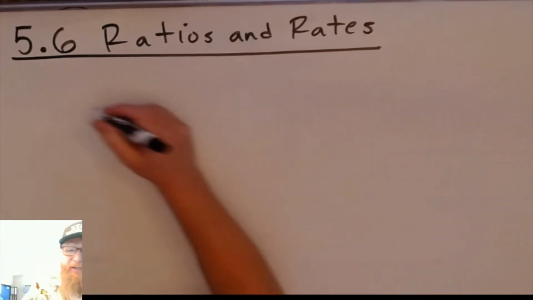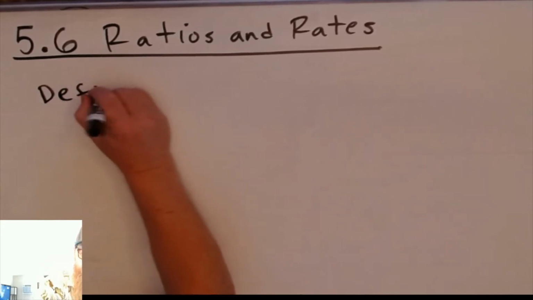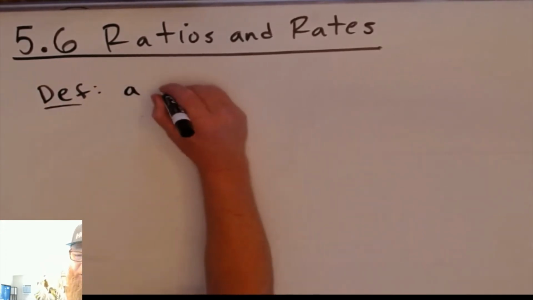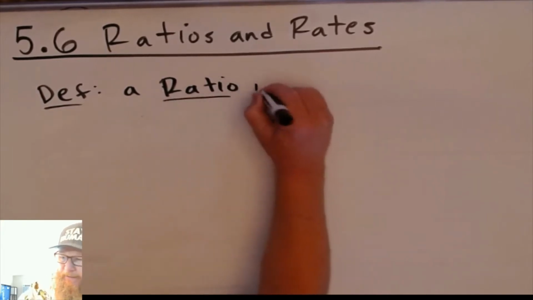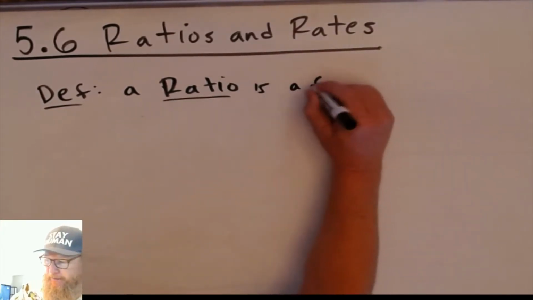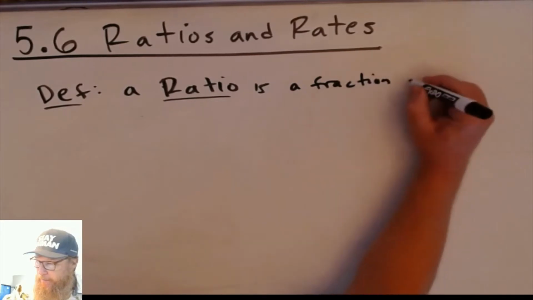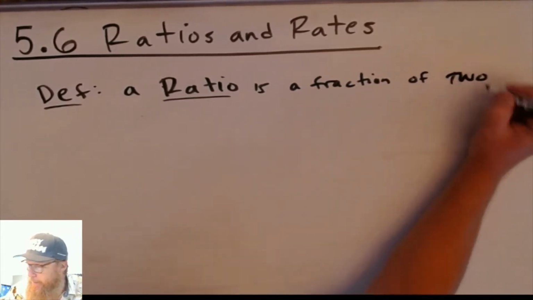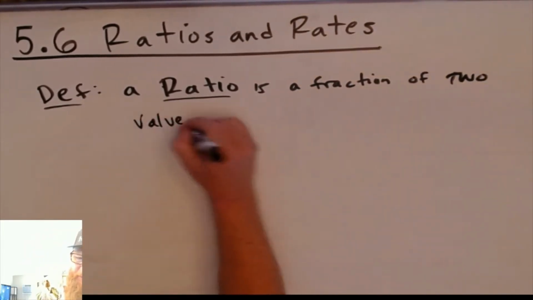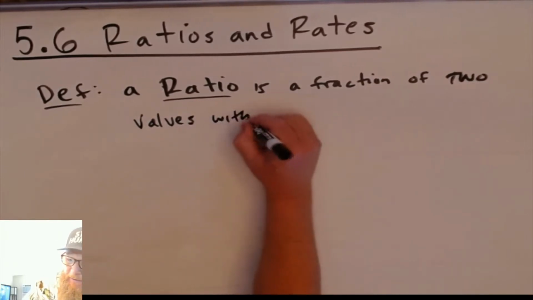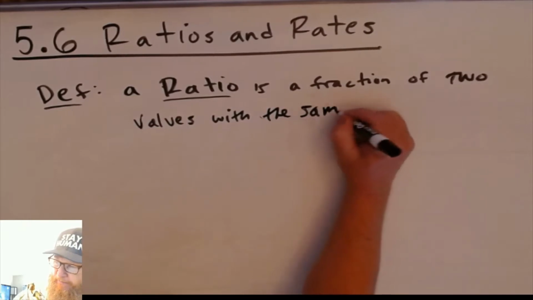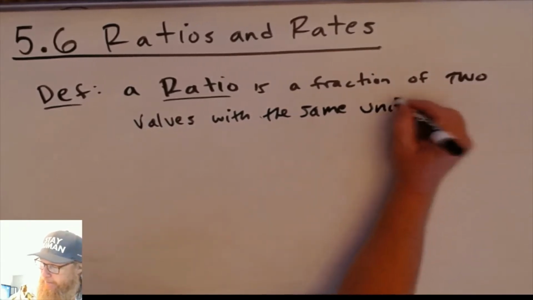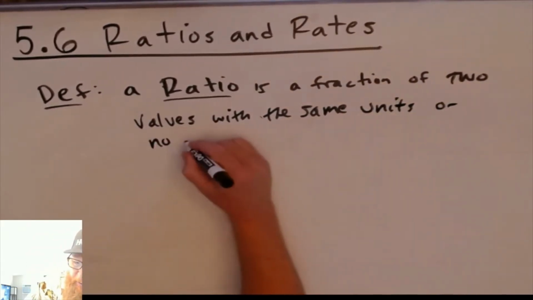We start off with a definition. A ratio is a fraction of two values with the same units or no units at all.